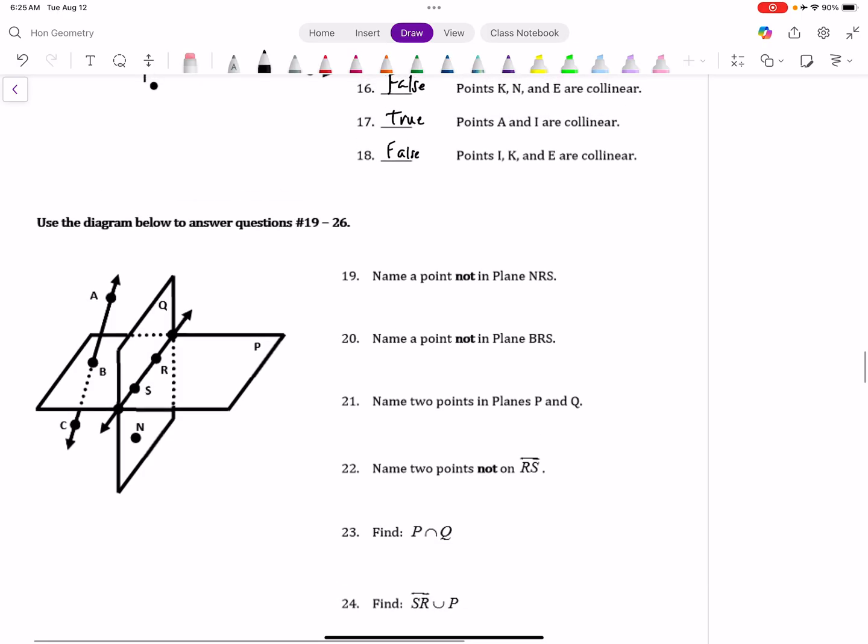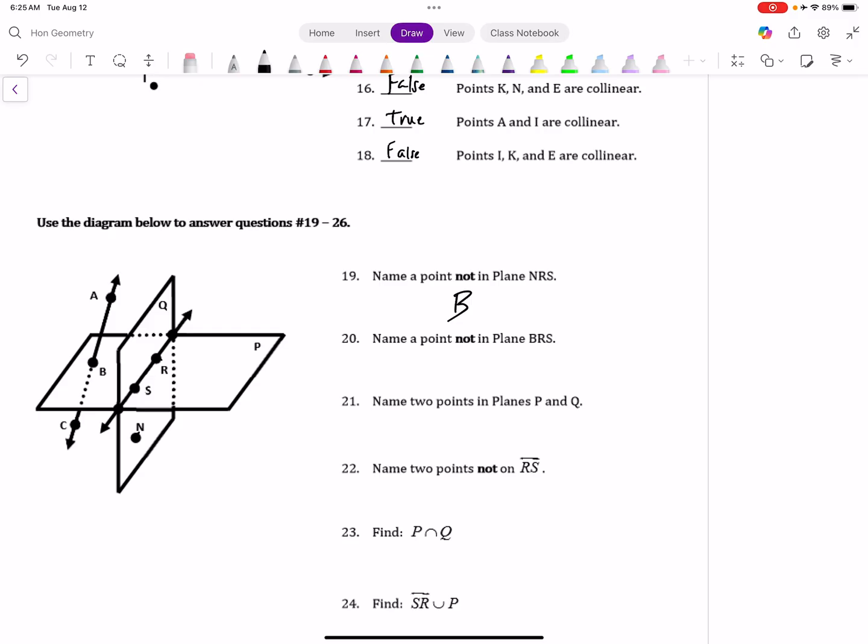So let's go through here. Name a point not in plane NRS. Okay, plane NRS. So that's plane Q. Some point not in plane Q. I could say B. Or I could have said A or C. Actually, I probably should just say B, because what if A were sitting in a spot where it could line up with plane Q?